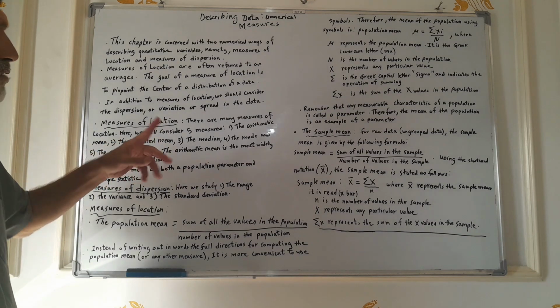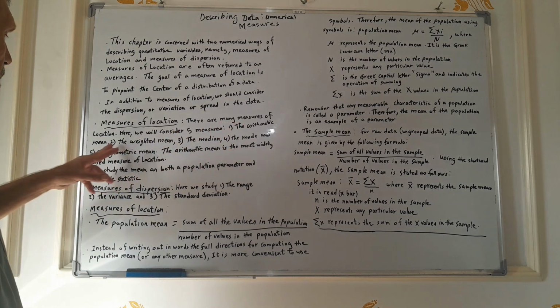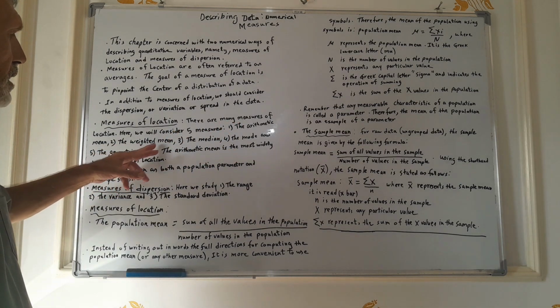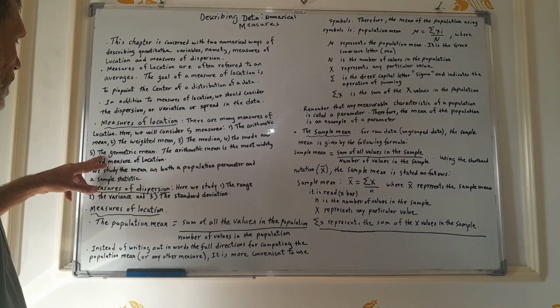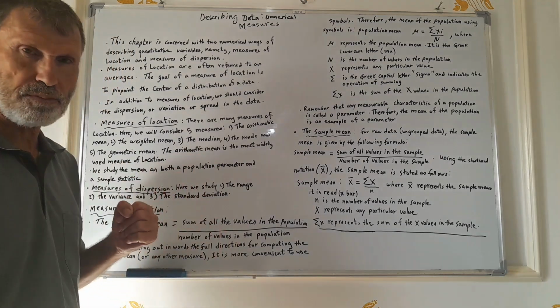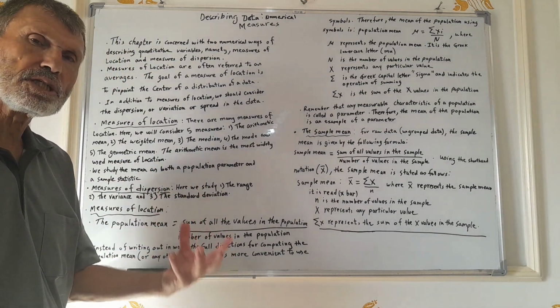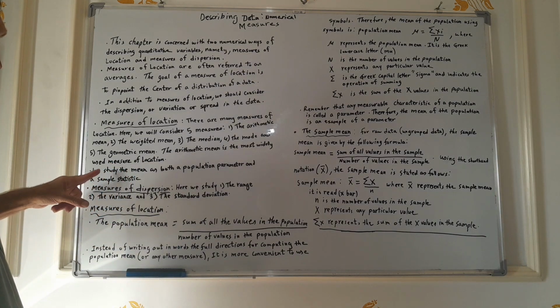Here we will consider five measures, namely the arithmetic mean, the weighted mean, the median, the mode, and the geometric mean. These are the ones that we're going to study in this chapter, and these are measures of location.